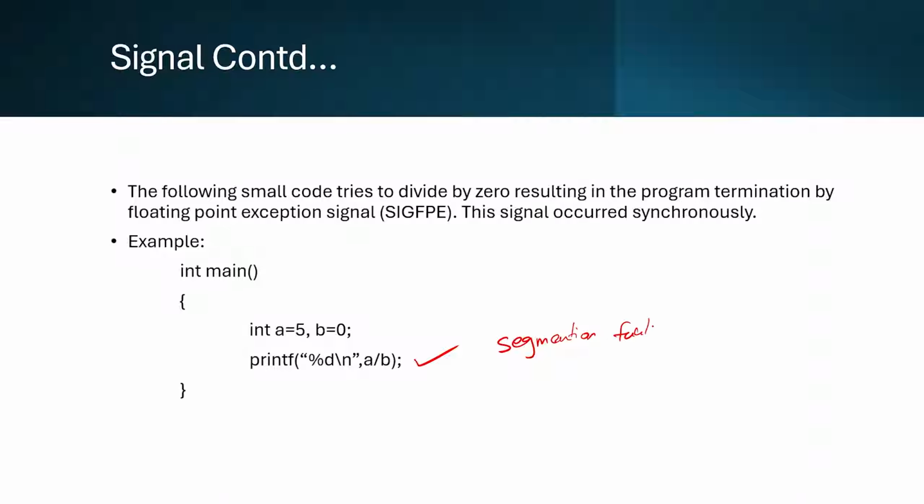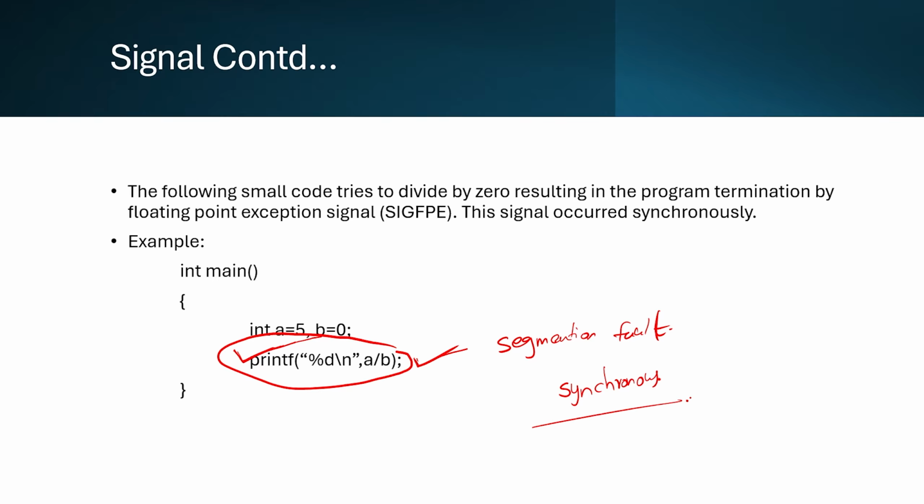See why it is called synchronous: we know when this signal will be generated, whenever the compiler executes this printf statement, the segmentation fault is generated. We know, right? So that's why this is synchronous.